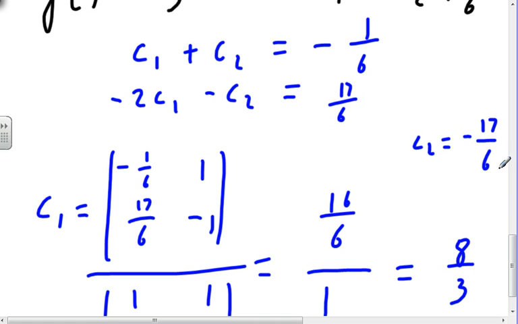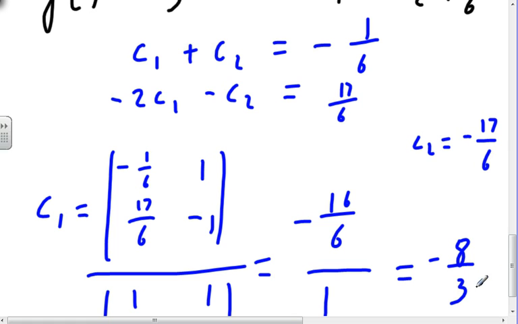Okay, so minus 2 times 8 thirds plus 17 sixths equals minus 5 halves. That ain't right. Now, what am I doing wrong? 1/6 minus, this is minus, this is minus.